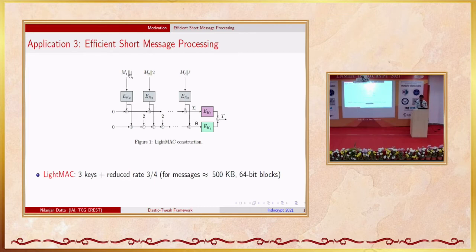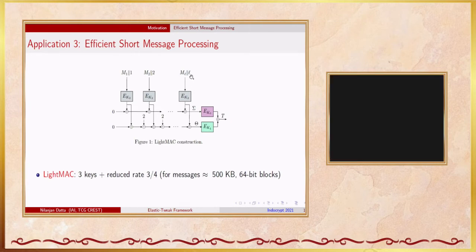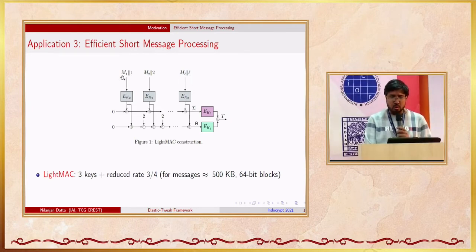So you have to devote 16 bits here to accommodate these lengths. So the message size will be 48 bits, and the rate would be 48 by 64, that is 3 by 4. So you basically reduce the rate, and you are also using 3 keys.